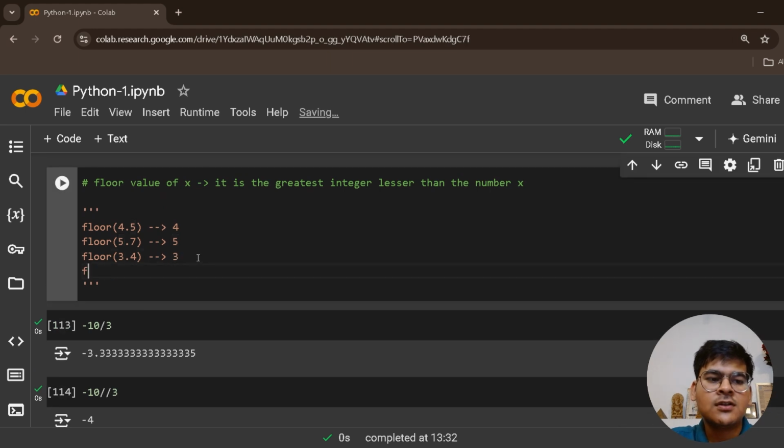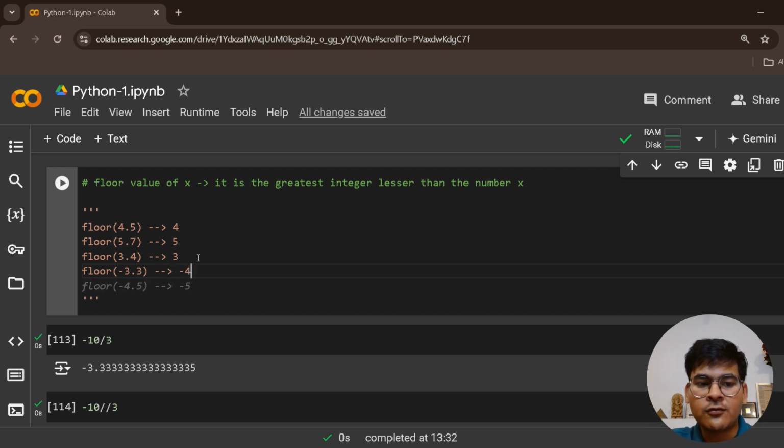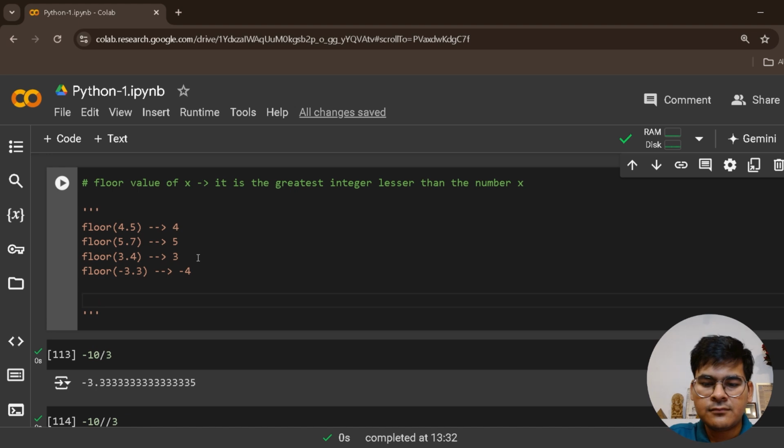Because the floor value of minus 3.3 is the lower value, which is minus 4. How am I getting the lower value? If you imagine the number line, it is like minus 4, minus 3. And somewhere in between here, your minus 3.3 will lie.